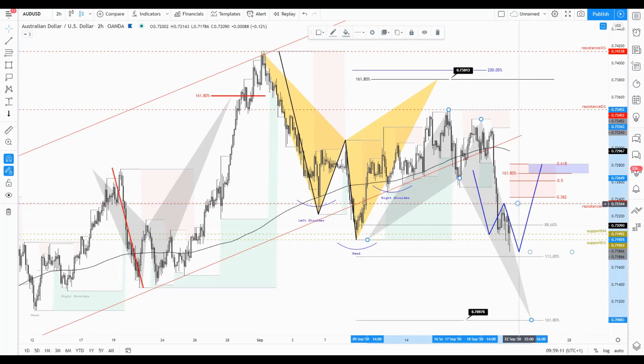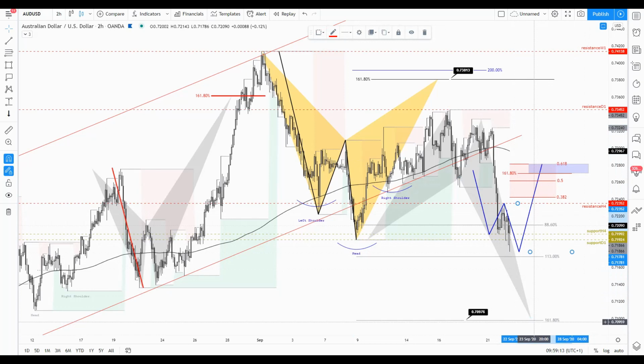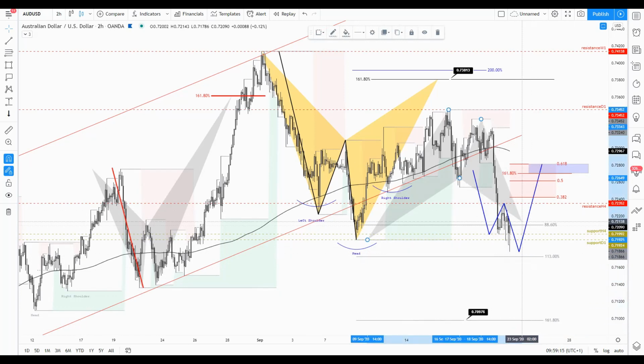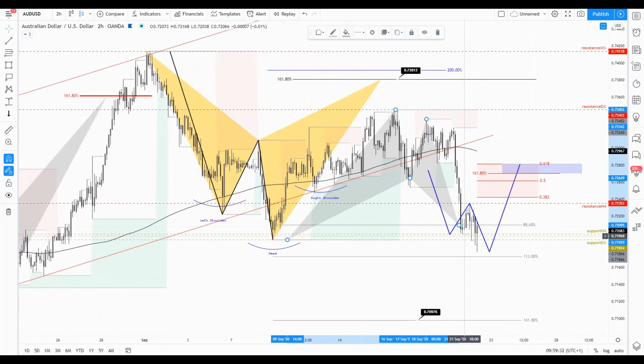We need to wait for a violation of the most recent fractal resistance above. If that happens, that will increase the probability for more upside momentum, but at this point we should wait. The bullish bat pattern, let me put it like this: if you want to get involved on the bat pattern, and it doesn't mean it doesn't... I'm missing the expression here, I'm sorry.